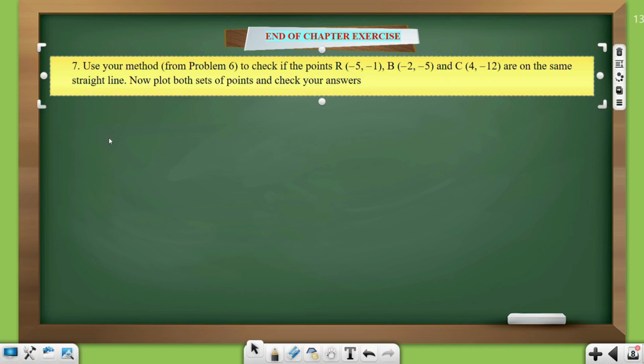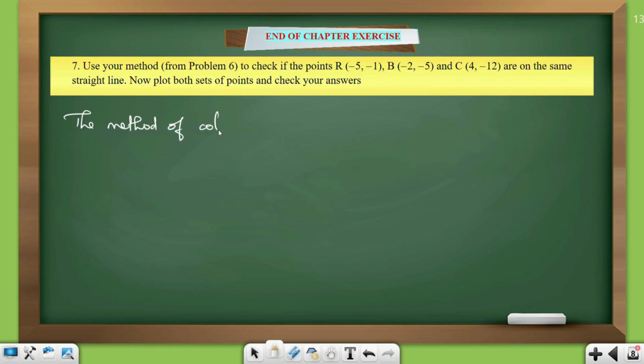The method of collinearity is nothing but finding the lengths between the 3 points.